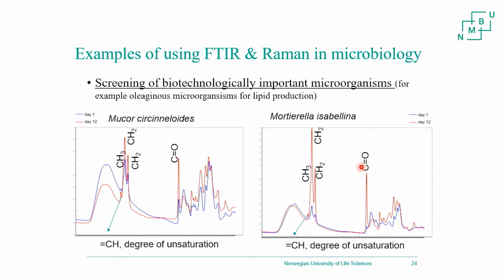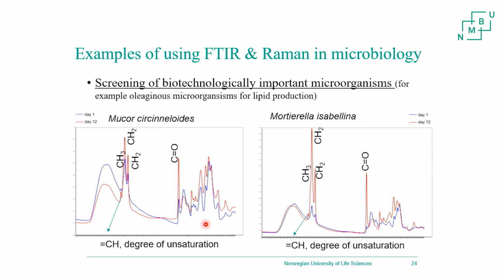Here on the slide, you see two oleaginous filamentous fungi, Mucor circinelloides and Mortierella isabellina. We have taken spectra of these fungal cells after growing them 1 day and 12 days. The blue spectrum is for 1 day and the red is for 12 days of growth.